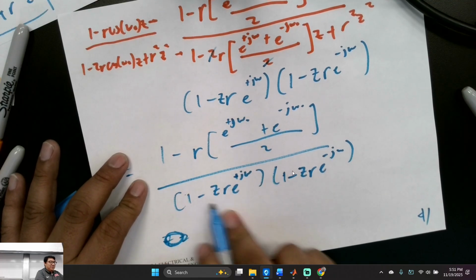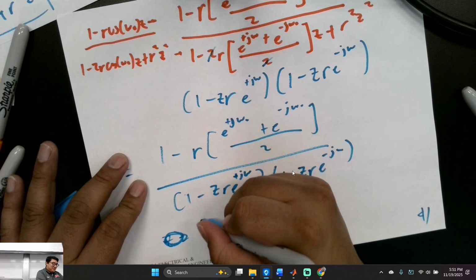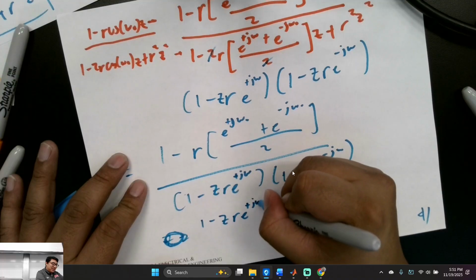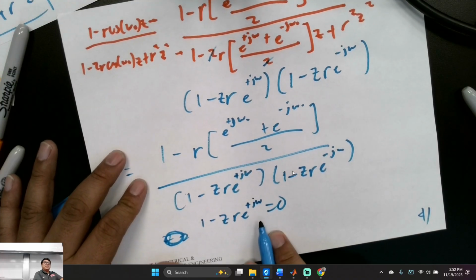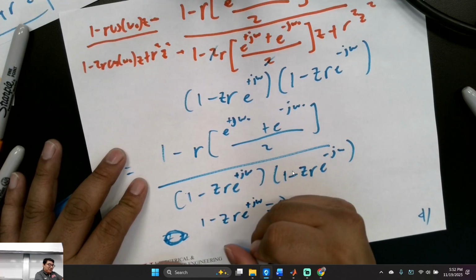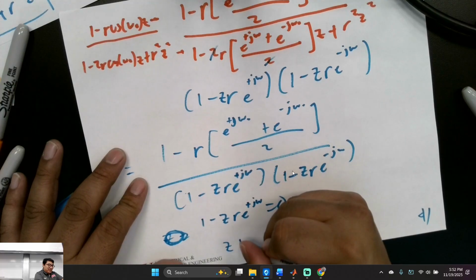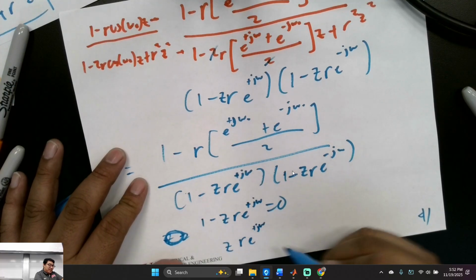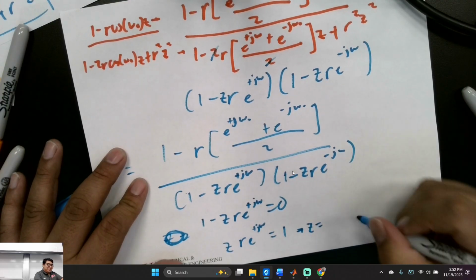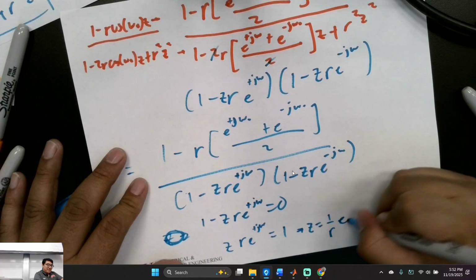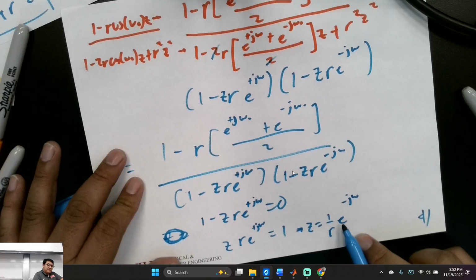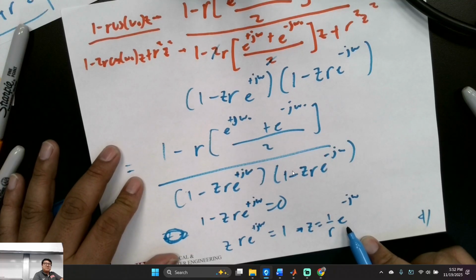How do I make the 0? 1 minus z r e to the positive j omega, I need to force that to be 0, correct? So that means this guy goes on the other side. If I were to do the following, z r e to the positive j omega is equal to 1, right? Z is equal to 1 over r e to the minus j omega. Is that good with everybody?